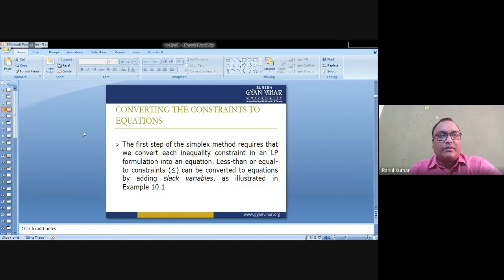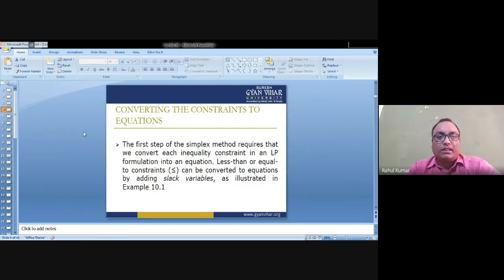In the next slide, we will define converting the constraints to equations. The first step of the simplex method requires that we convert each inequality constraint in a linear programming formulation into an equation. These constraints are similar to equal to, less than or equal to, or greater than or equal to.